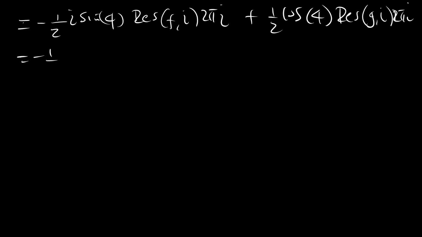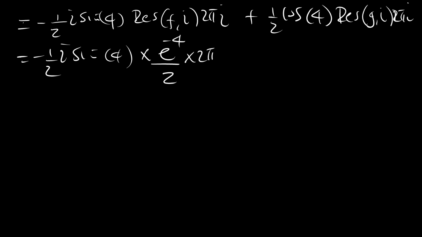This is negative a half, i sine of 4 times e to the power negative 4 over 2 times 2 pi i, to cancel.